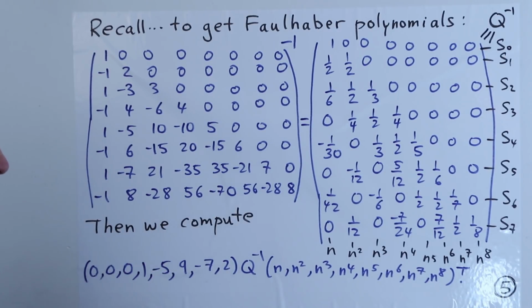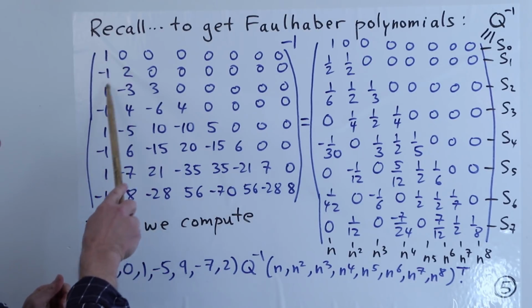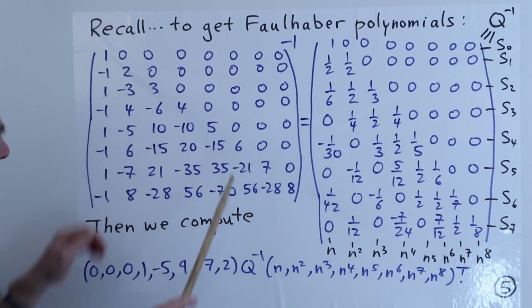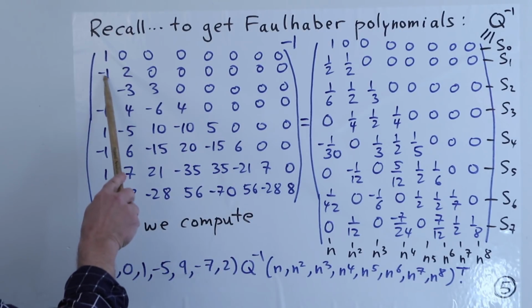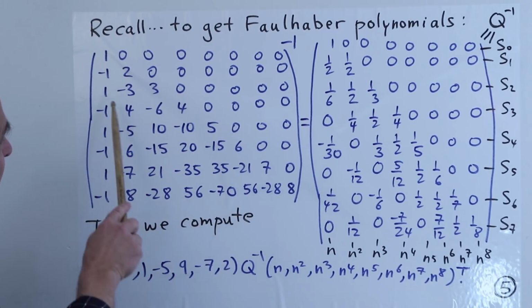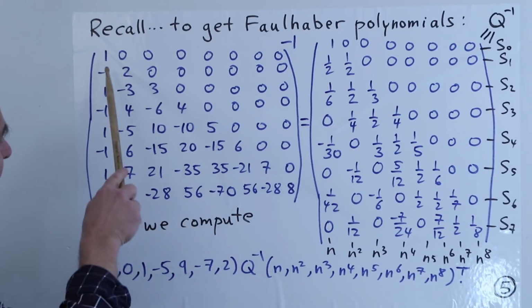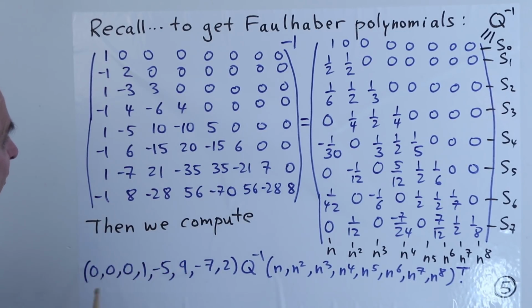algebra computational device ready, is to form this Pascal-like matrix with almost the rows of the Pascal triangle, but not quite, with the leading ones removed. And then we have alternating diagonals of plus and minus and plus and minus and so on.